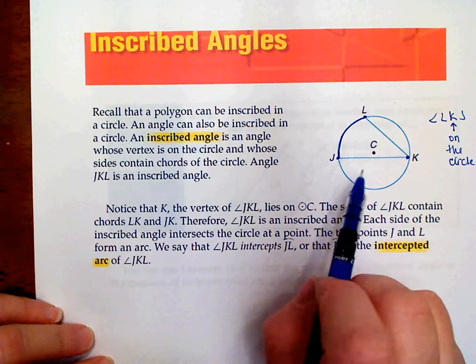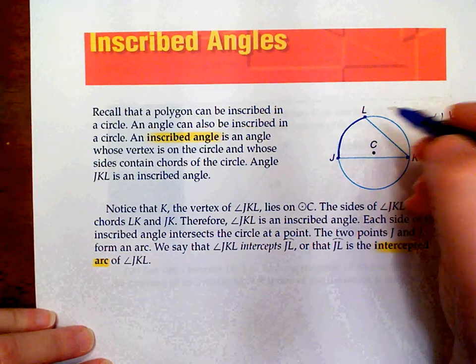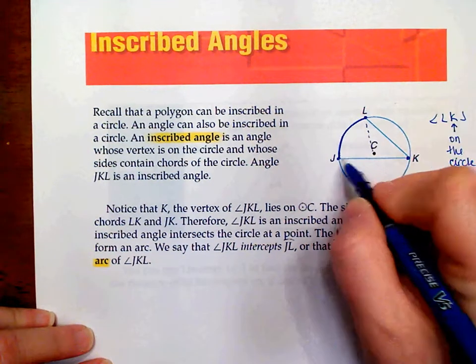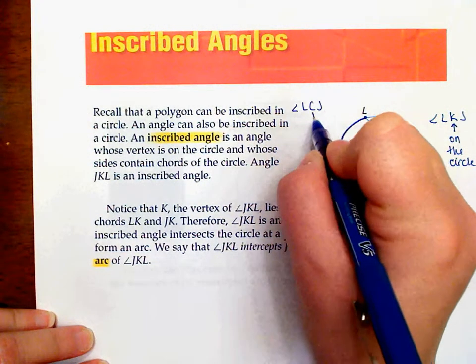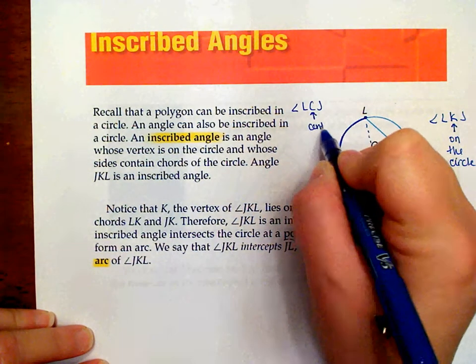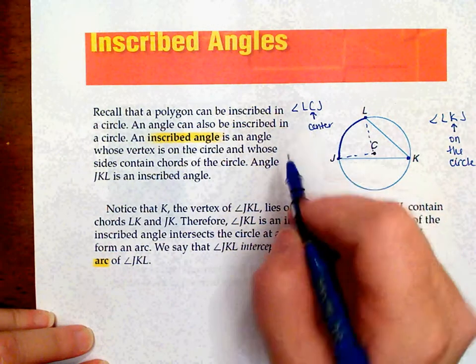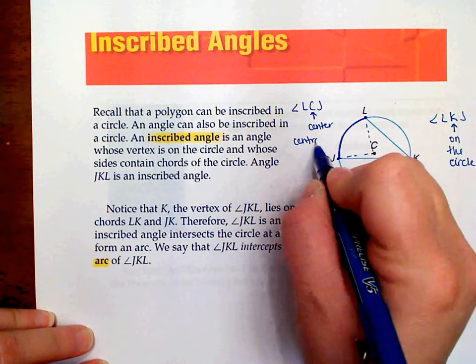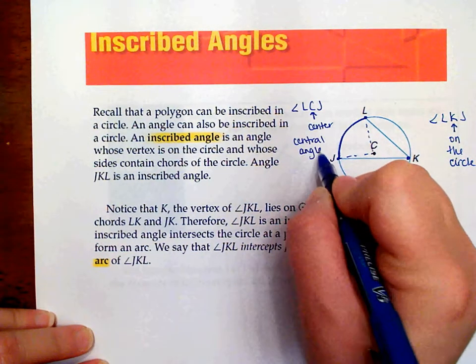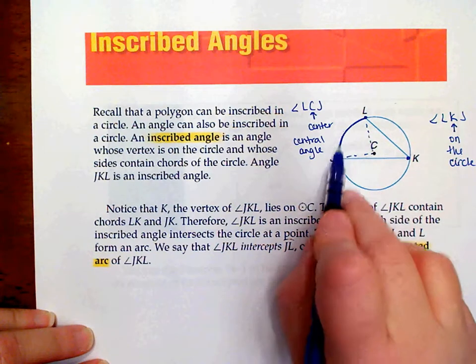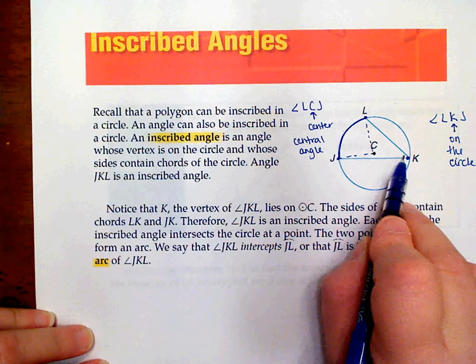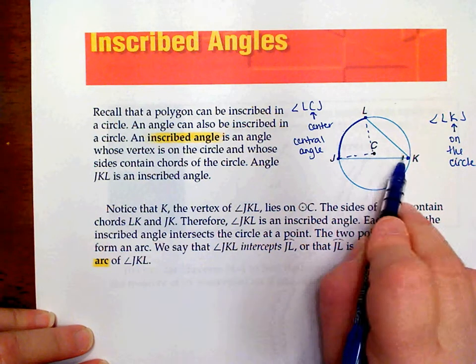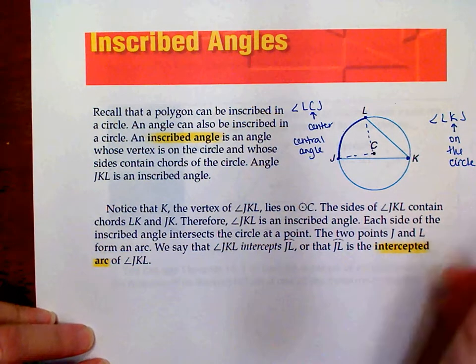So I can draw the central angle here, angle LCJ, where C is the center of the circle. This is a central angle. Central angles are equal to their arc. So this arc has the same degree measure as that angle. But this angle is not the same degree measure. You can see, obviously, it's smaller. So it has a different relationship.